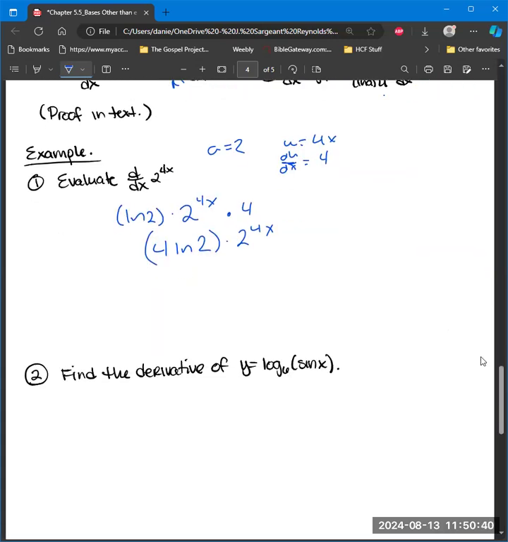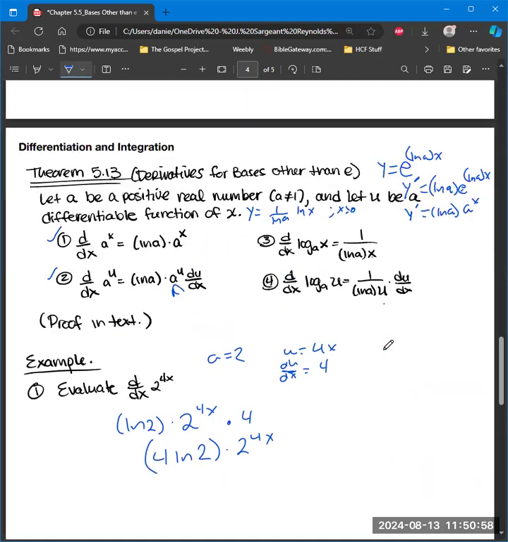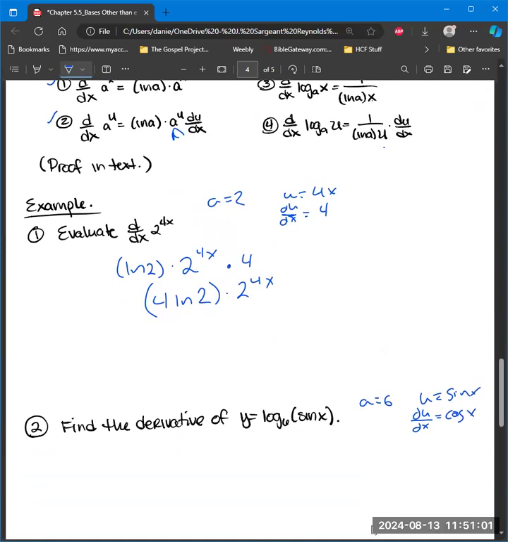Now we want to find the derivative of y equals log base 6 of sine of x. So a equals 6 here, u equals sine of x, du dx is going to be cosine of x. So we want 1 over ln of a times 1 over u, which is sine of x, times cosine of x, which is our du dx.